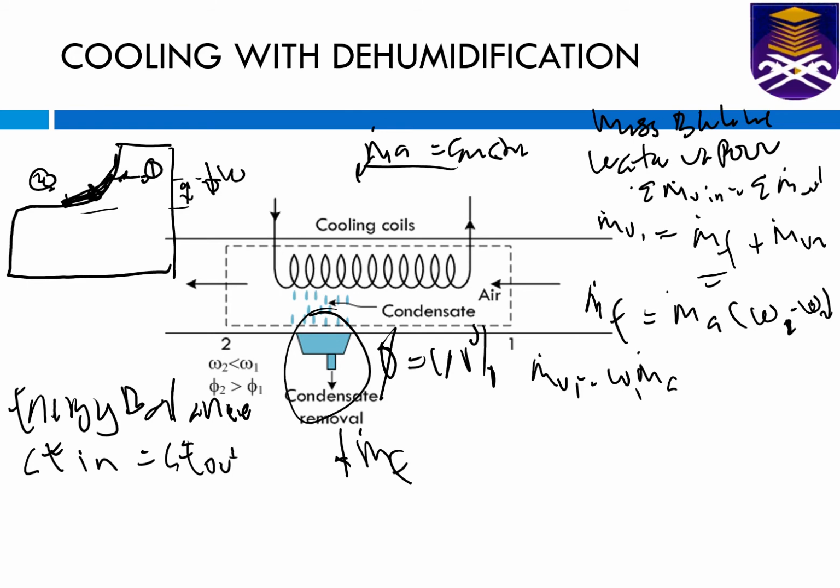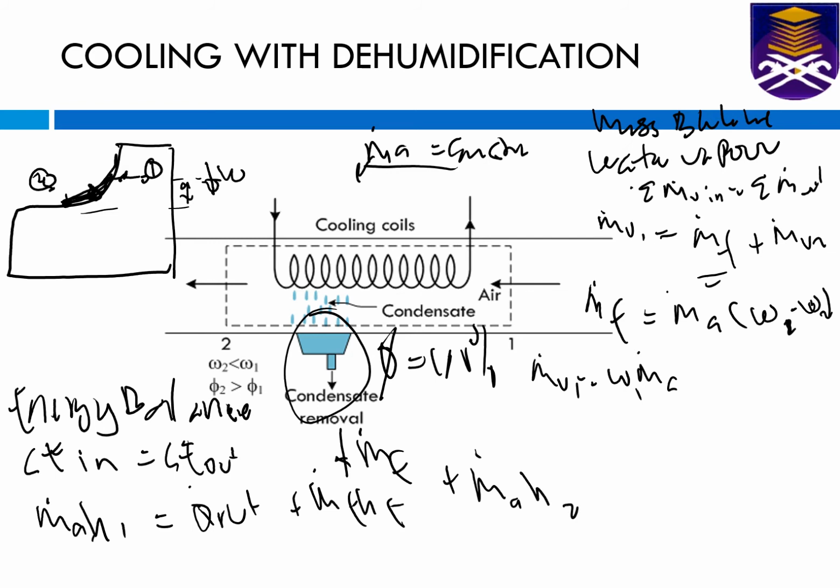So m dot a h1 equal to q dot out plus m dot f hf plus m dot a h2. m dot f is equal to the expression here, so you can put the equation there and then solve the mathematical formulation for these conditions.